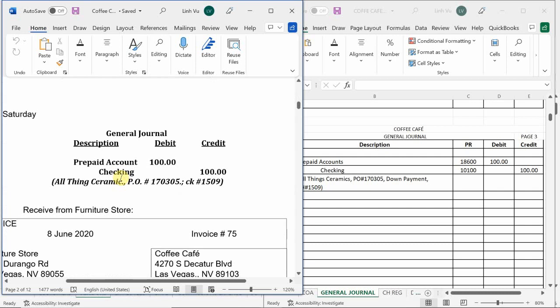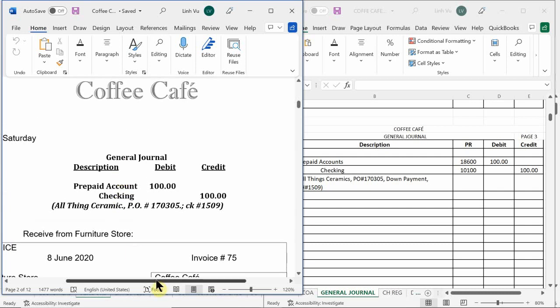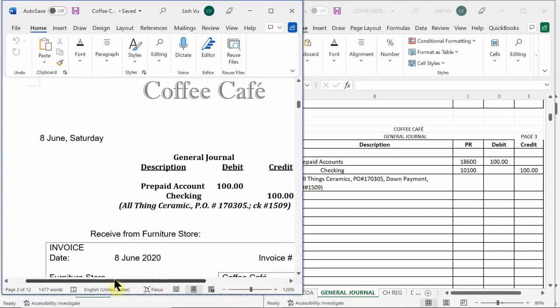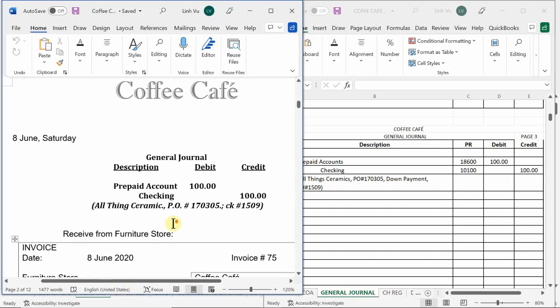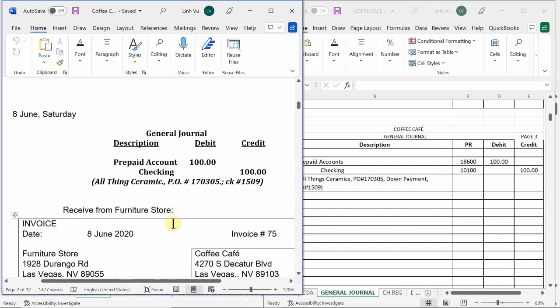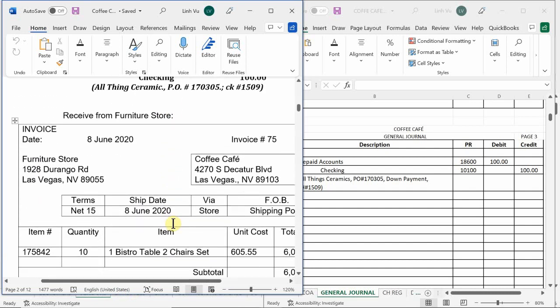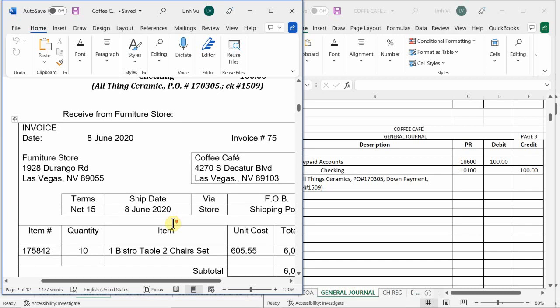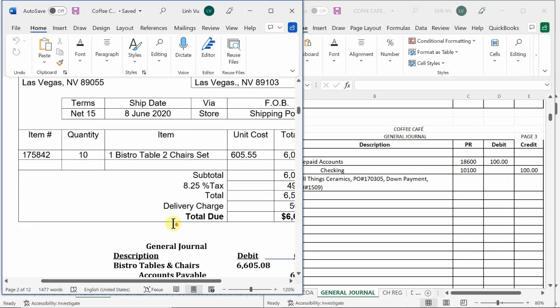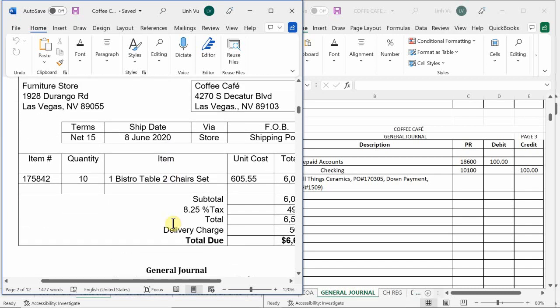So let's see what happened next. We received from another furniture store another purchase. So in this case, what did we receive?